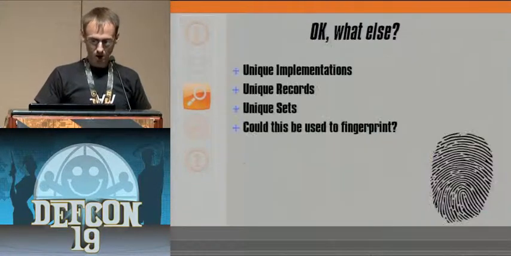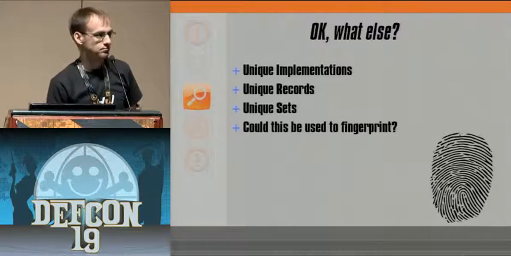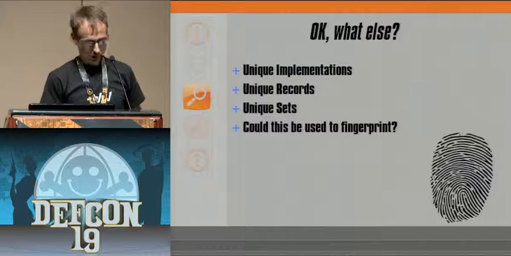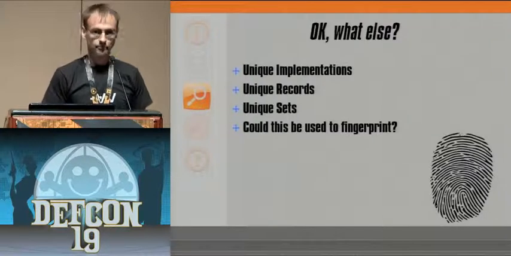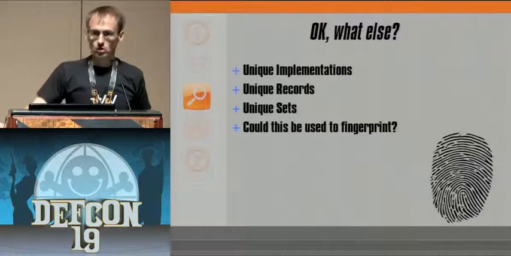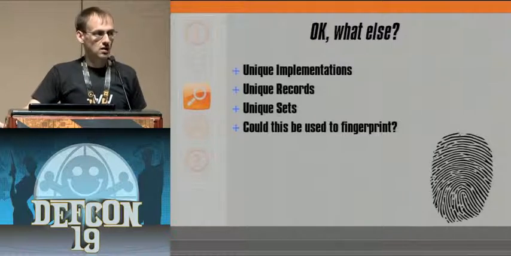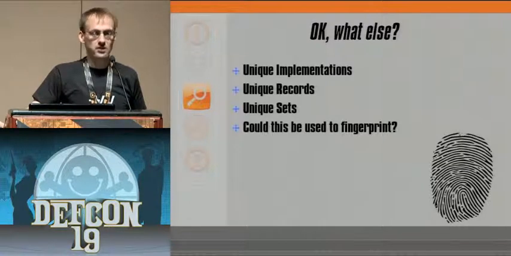All right. Okay. So as I said to myself, there were a lot more goodies, weren't there? So what else could I do? Well, first off, we know from before that there are unique implementations. If you look a little bit more at what's being advertised, you realize there are unique records, meaning that different device categories contain different records that are unique to that particular device type.